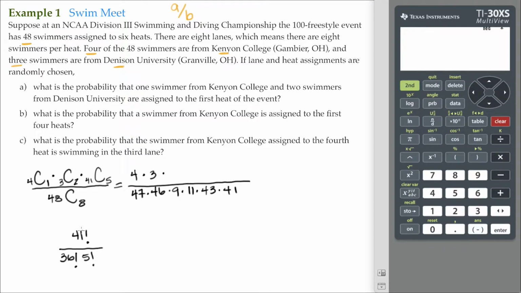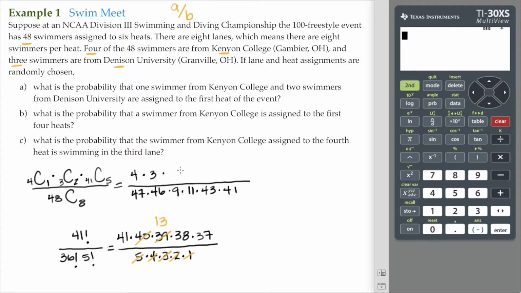36 factorial in the denominator cancels out 36 in the numerator, leaving us with 41 times 40 times 39 times 38 times 37, over 5 times 4 times 3, 2, and 1. 5 times 4 times 2, there's 40. And then 3 goes into 39 13 times.